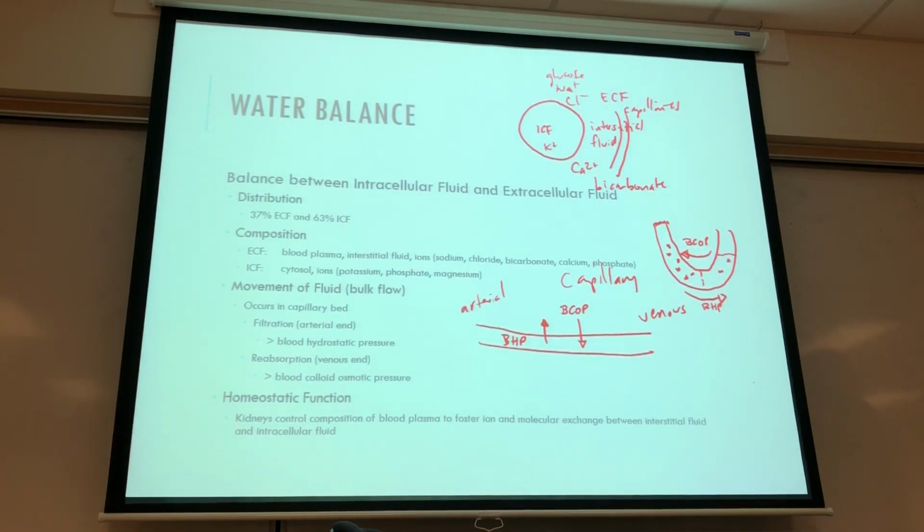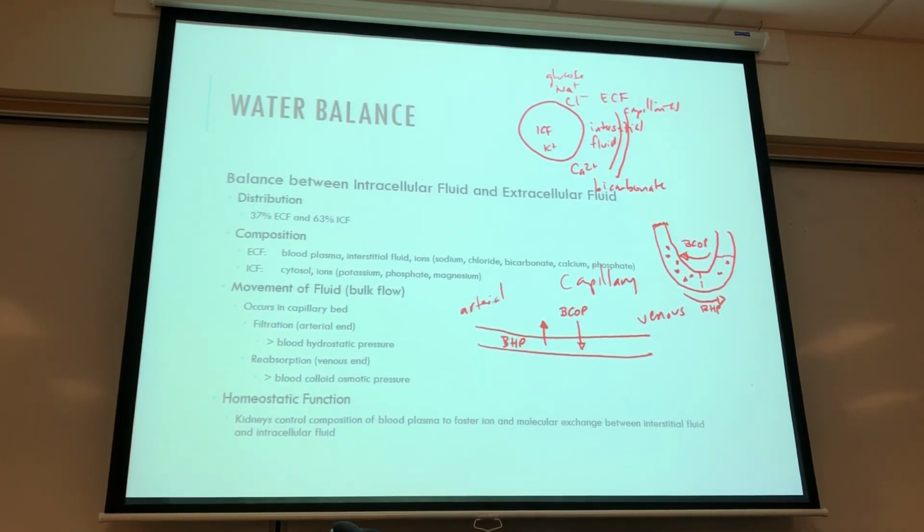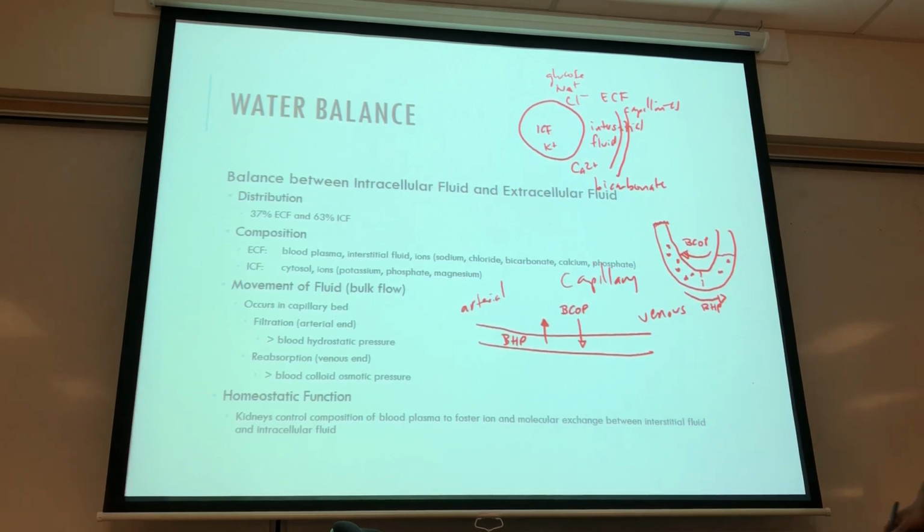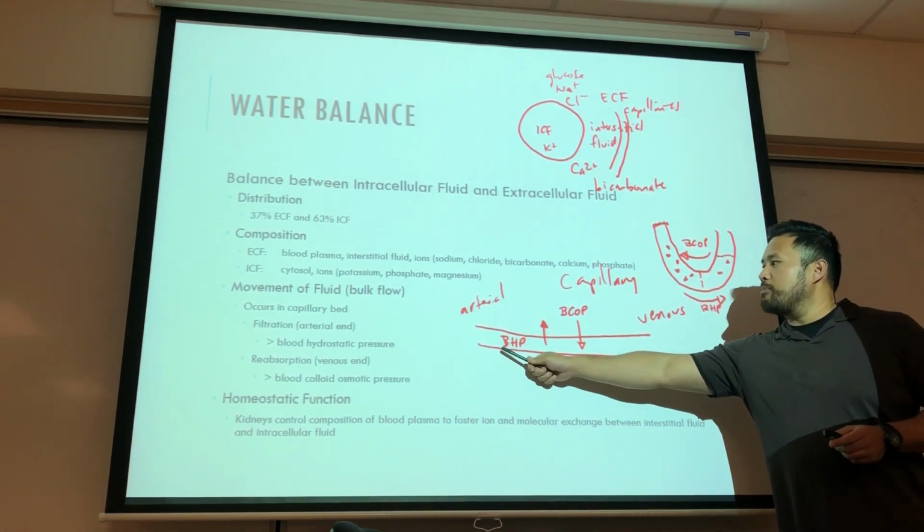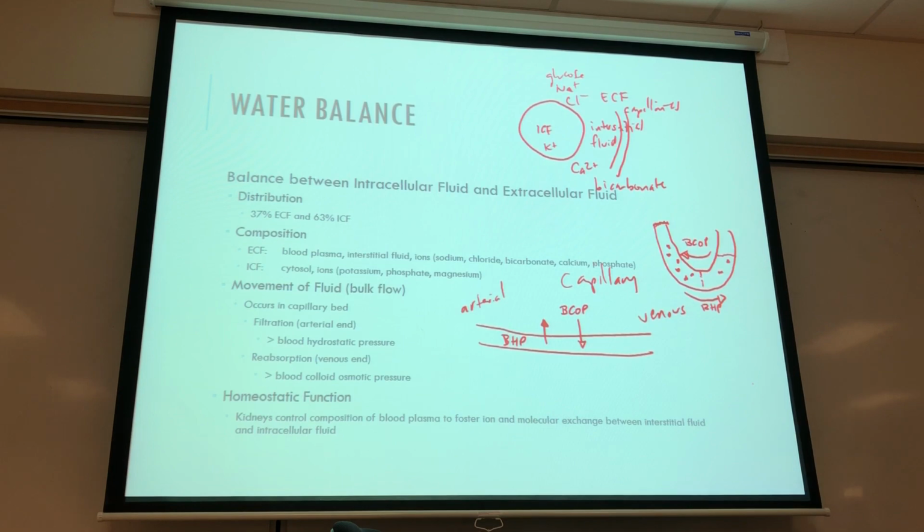Now, accounting for all these pressures, we know that the movement of water, bulk flow, takes place on the arterial side due to the higher blood hydrostatic pressure compared to that of blood colloid osmotic pressure. We're going to get more net filtration pressure taking place on the arterial side, hence filtration.